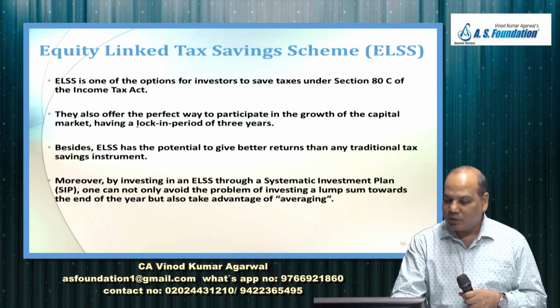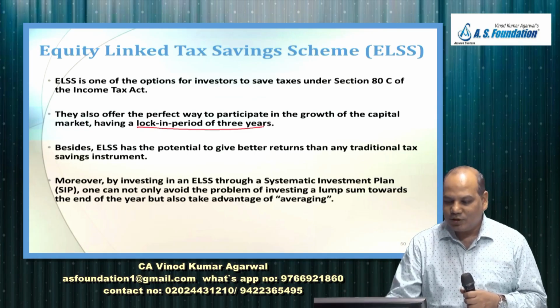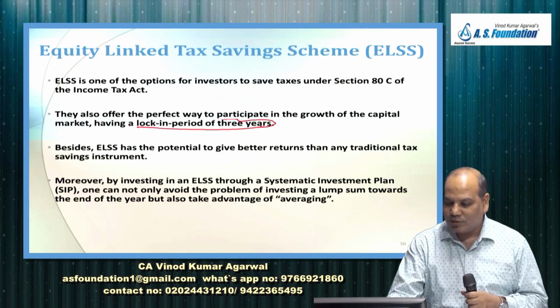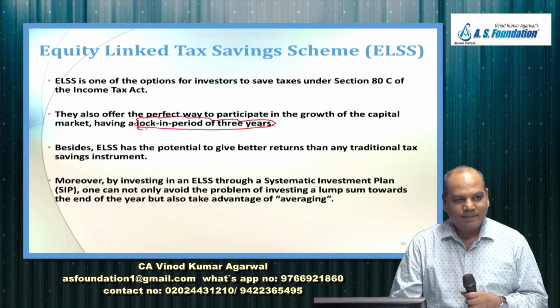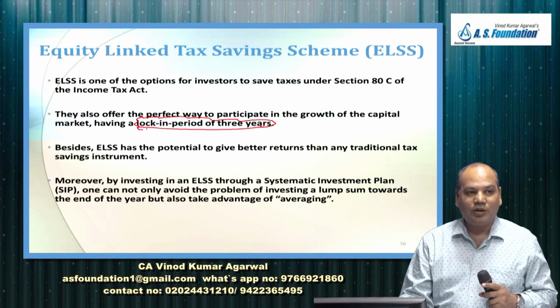And plus the lock-in period is also just 3 years. If you invest in other 80C investment items, the lock-in period is minimum 5 years other than this product. Am I right? For example, PPF, National Saving Certificate, National Pension Scheme, NSC, 5 years, but this is only 3 years.